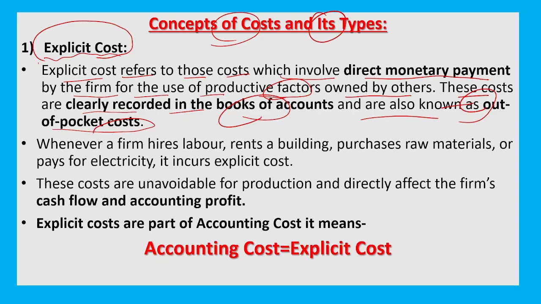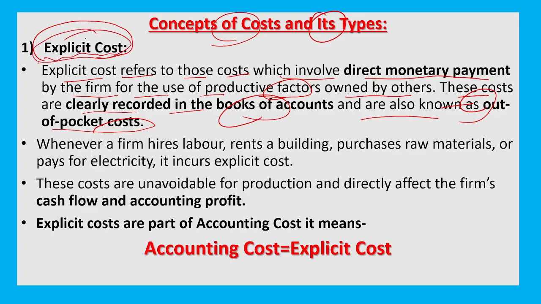In a simpler way, if we have to define the term explicit cost, then my dear friend, the simpler way is this: when we are paying money and we are recording the transaction in the books of account, if you are running any firm or even as a simple individual, then that transaction in which you have mentioned the amount of money that's been transacted, that is called the explicit expenditure, explicit cost.